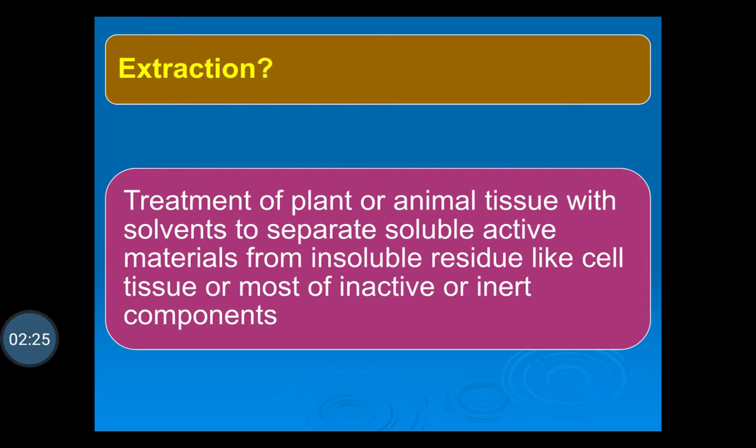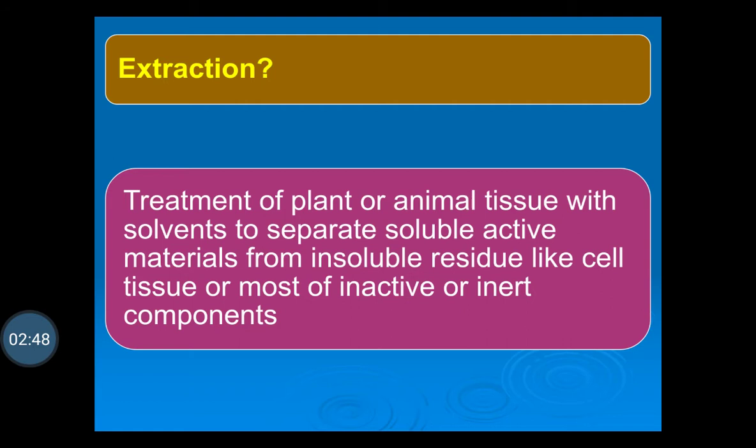The chemical constituents which are present in the crude drug may be therapeutically active or they may not be therapeutically active. They are extracted from the plant cells by using a suitable method and a suitable solvent for the extraction.